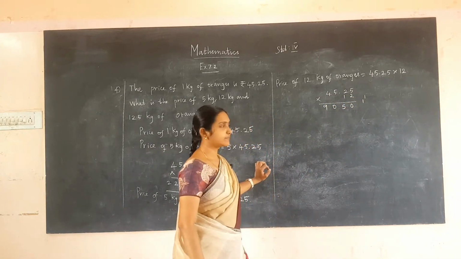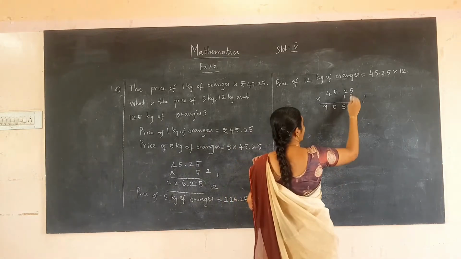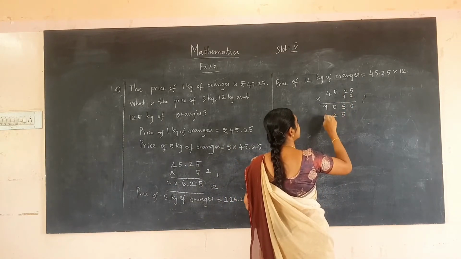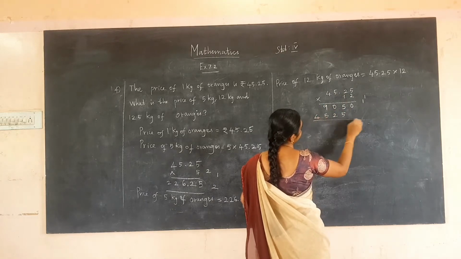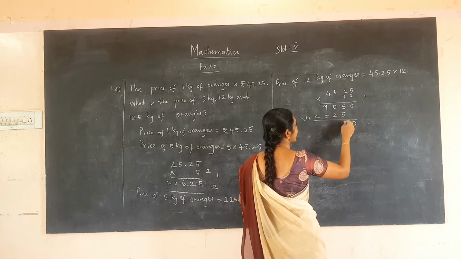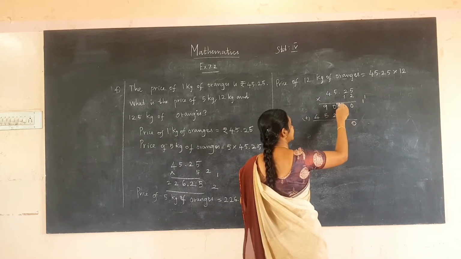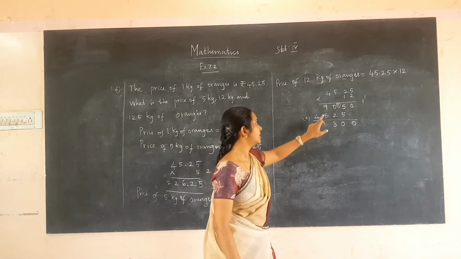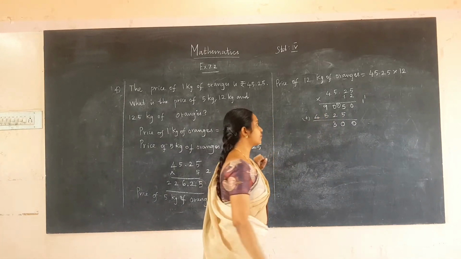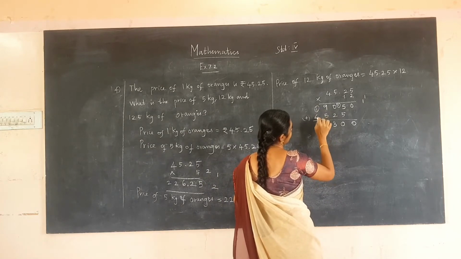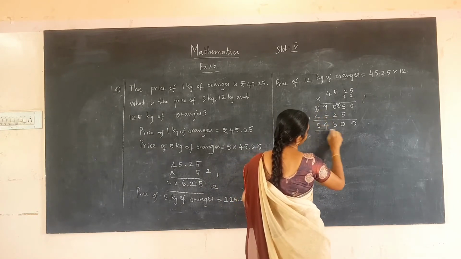Next, we are going to multiply it with 1. 1 5 is 5, 1 2 is 2, 1 5 is 5, 1 4 is 4. Now we have to add. 0, 5 plus 5 is 10, so 1 is carried to next place, 2 plus 1 is 3, 9 plus 5 is 14, so write 4 here and 1 is carried to next place, 4 plus 1 is 5.